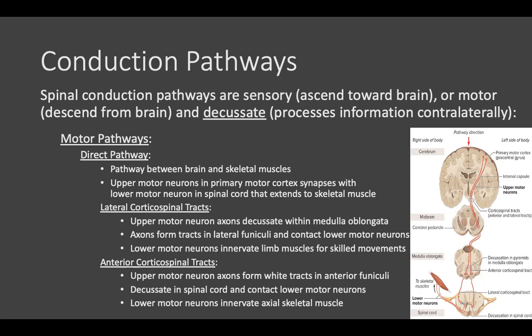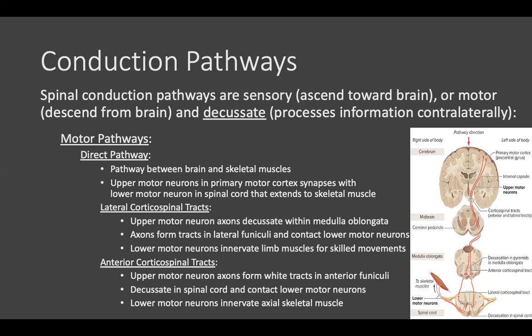And then from that spinal column, you then hit that secondary lower neuron and travel out and then connect to whatever skeletal muscle you want to have activated. That will then lead us to having a muscle contraction to cause you to pull your hand off the hot stove. The anterior one, though, again, is only different because the crossing over point is different.